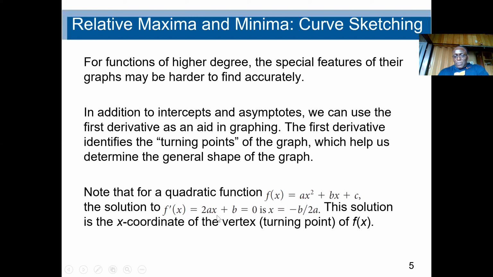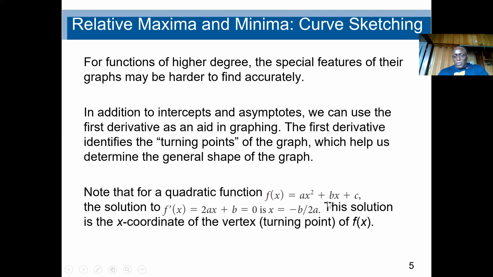So we get 2ax plus b equal to 0, so we can find x to be minus b over 2a. This will be the solution for the x coordinate of the vertex, which is the turning point of f at x.